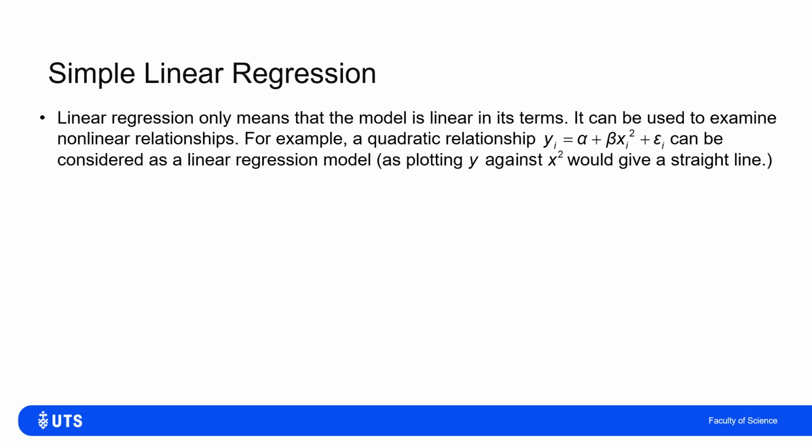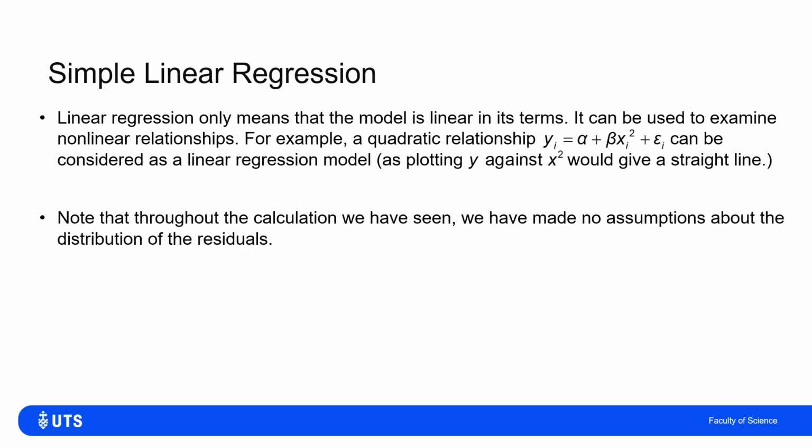Because it would still be a straight line if I plotted y against x squared. So I can include nonlinear terms, provided I treat however I put those terms in linearly. So if I plot y against x squared for this quadratic model, I would still get a straight line.